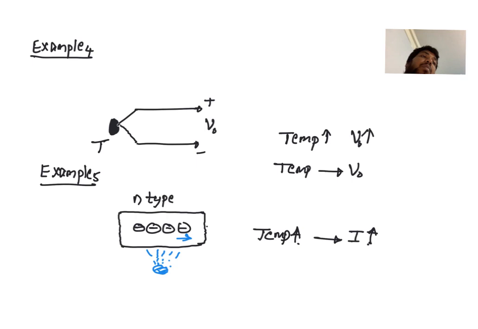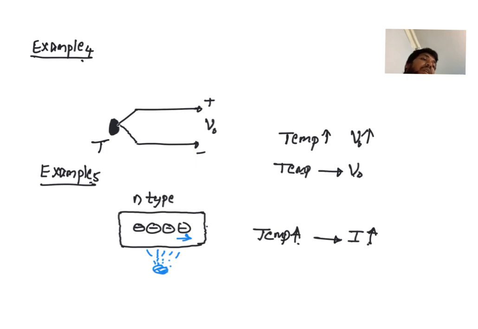In the fourth example, temperature is converted into voltage, and in the fifth example, temperature is converted into current. What you need to understand here is, in all these 5 cases, a physical parameter, that is temperature, is converted into either displacement or voltage or current.